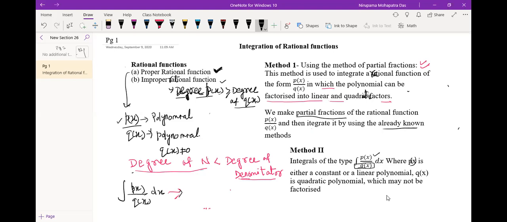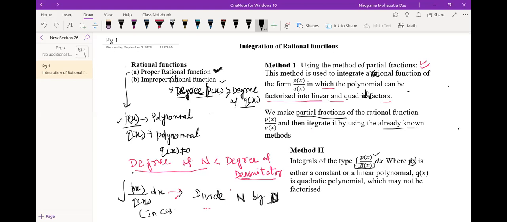In case we have an improper rational function, where you have to integrate p(x) by q(x) but the degree of p(x) is greater than or equal to the degree of q(x), the first step, before you apply any formula or method of integration, is to divide the numerator by the denominator. When will you do this?